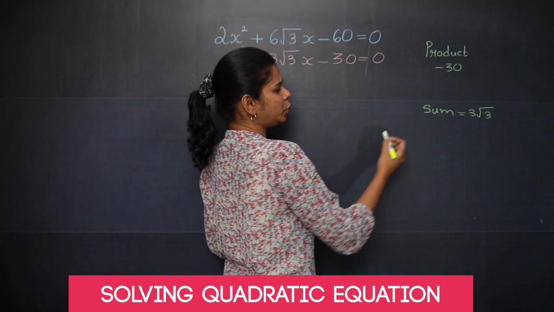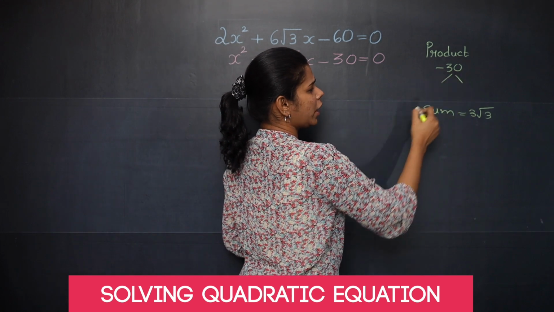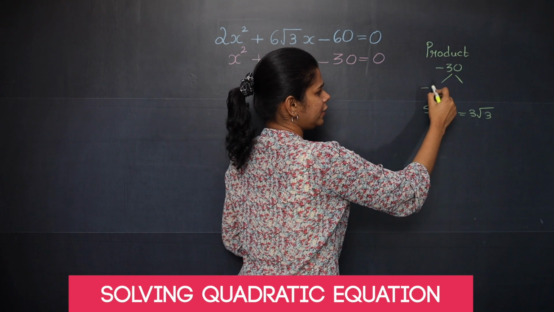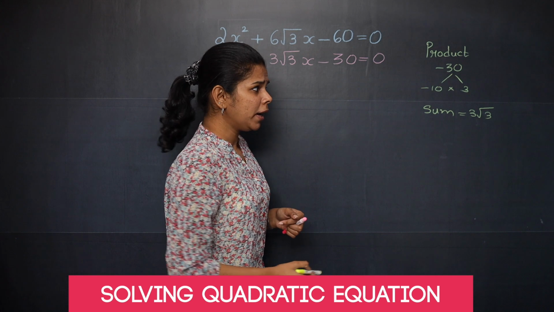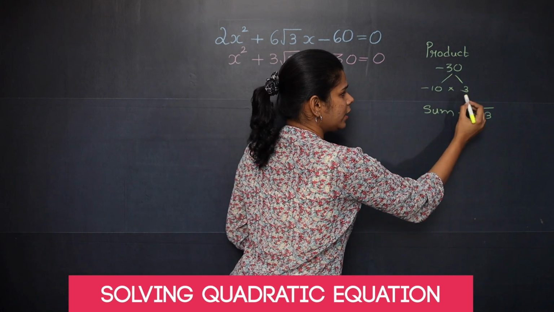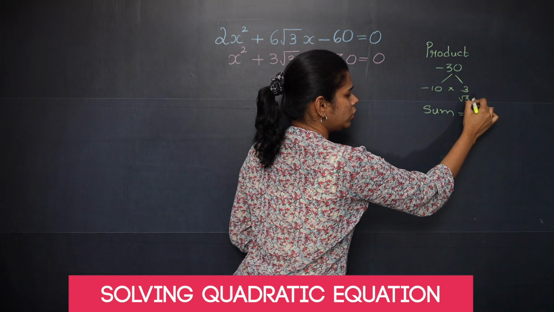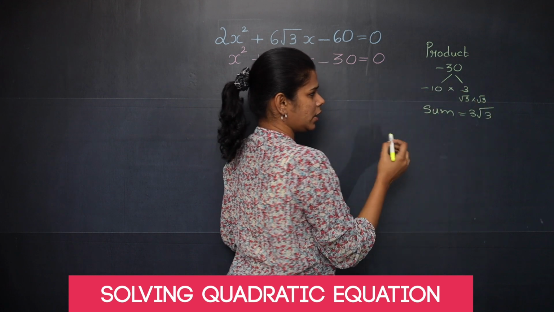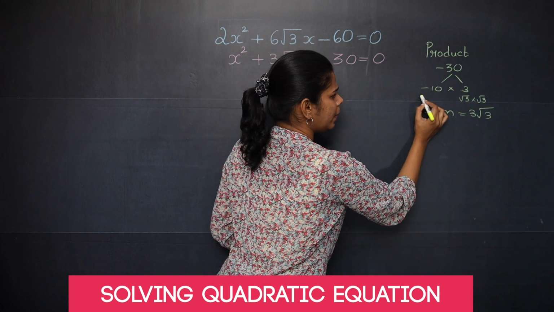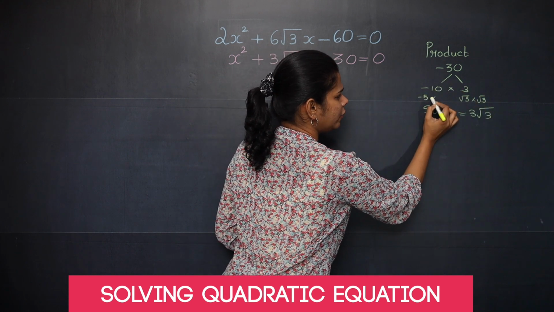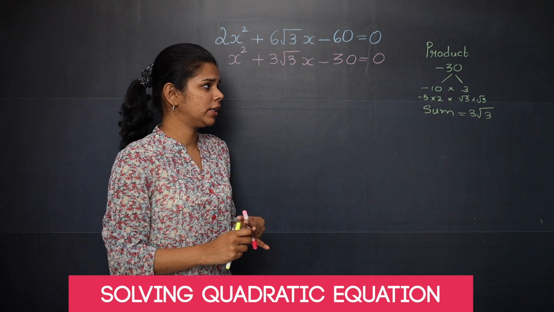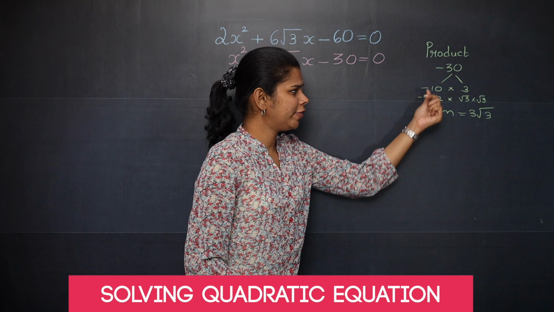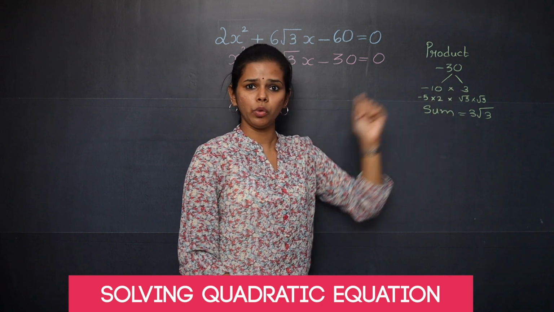Now what you need to do is −30, you can write it as −10 into 3. But this 3 can be written as √3 into √3. And this −10, I am going to write it as −5 into 2. So ideally, to get −30, you can multiply −5 into 2 into √3 into √3.